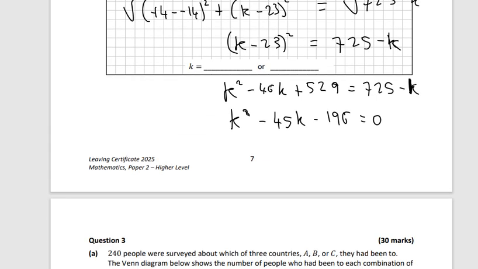And then you can use the minus b formula, so you end up getting k is equal to minus 4 or 49. So that's it.